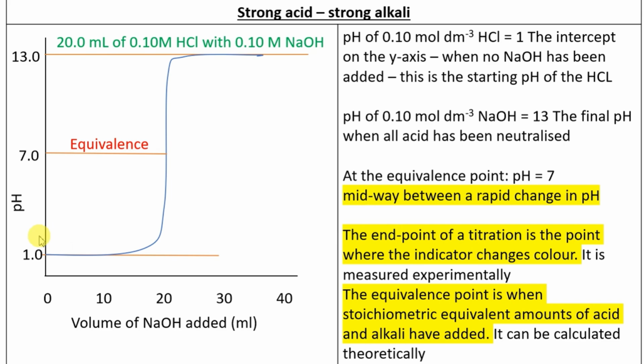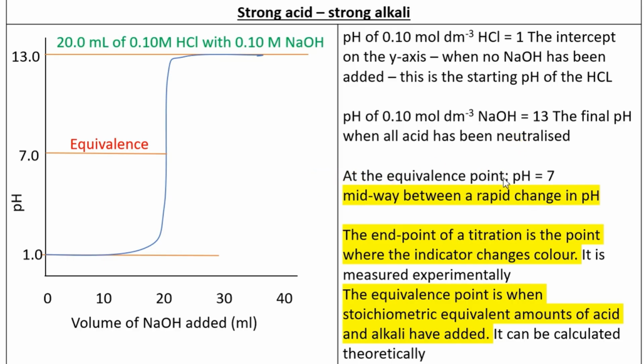So we see that we could use my pH curve to give us the original pH of the acid. The pH of the NaOH is 13, the final pH when all the acid has been neutralized. I can see that here, again, the intercept on the y-axis.